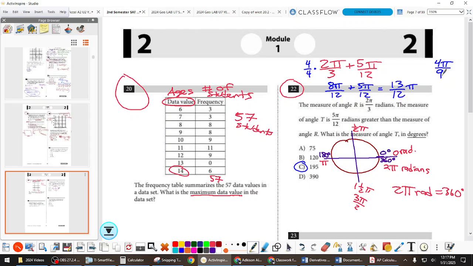Do you see how 4 over 9 is pretty close to 4 over 8, which, if we reduce, is half. So if I said, what's the degrees of that, it would be real close to what degrees? 90. It would be close to 90, right? It would be a little less, like maybe it would say 85 or something. Okay.